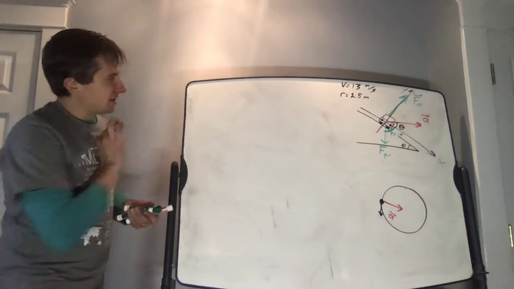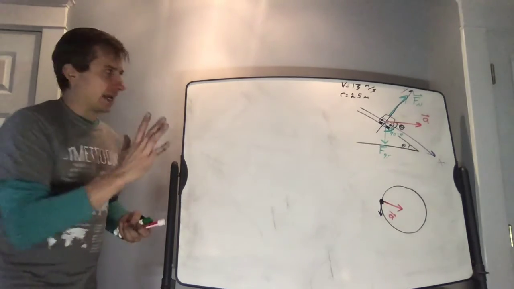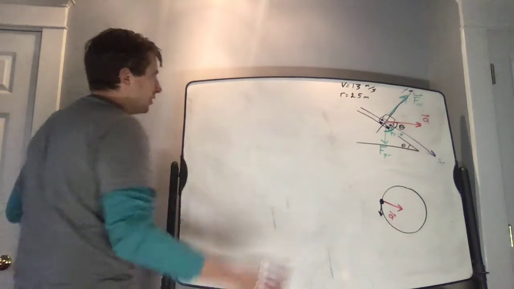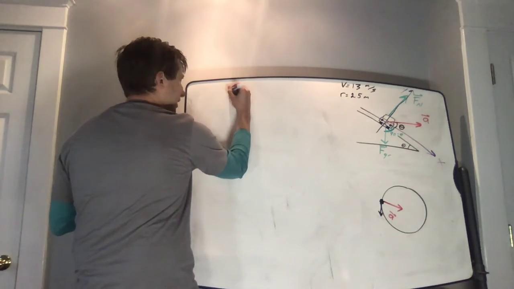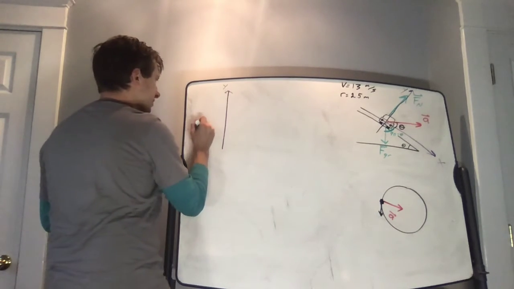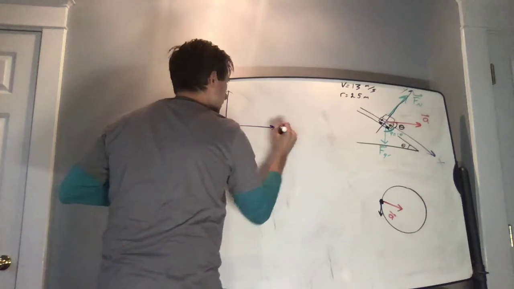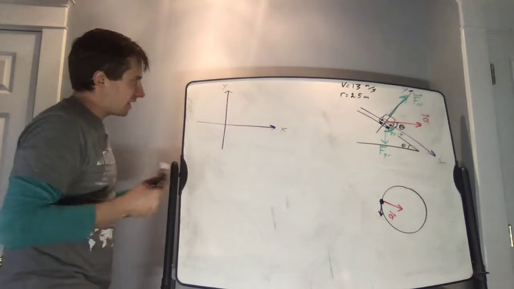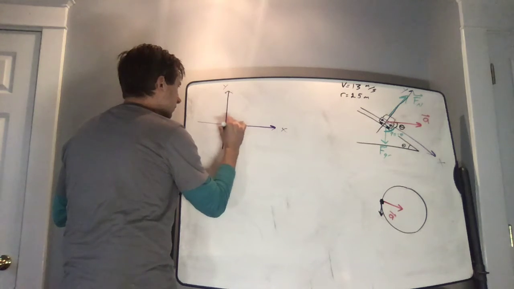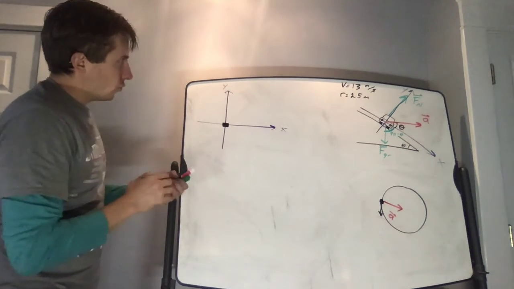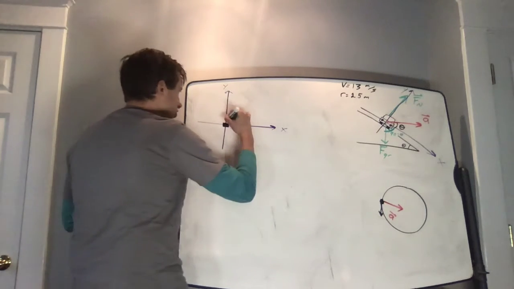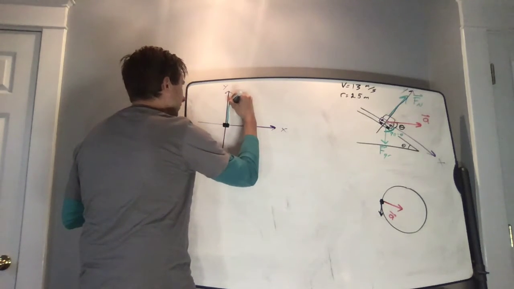Let's draw this picture again on a new XY axis where it could be cleaned up a little bit. So I could say here is the Y axis and here is the X axis. I have the car at the center of this diagram. So we have the normal force pointing entirely in the Y direction. I could draw that.